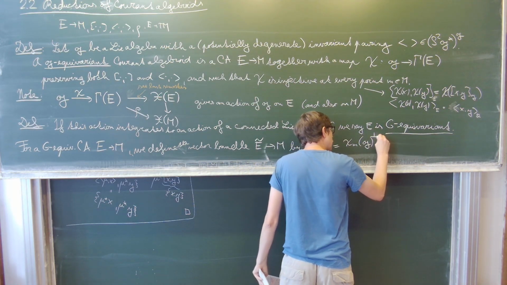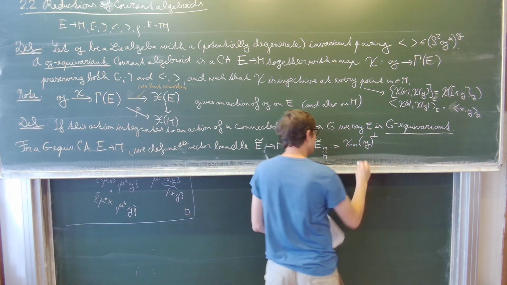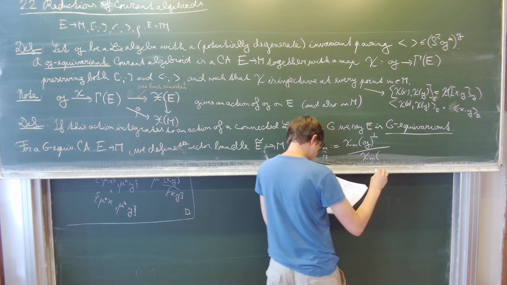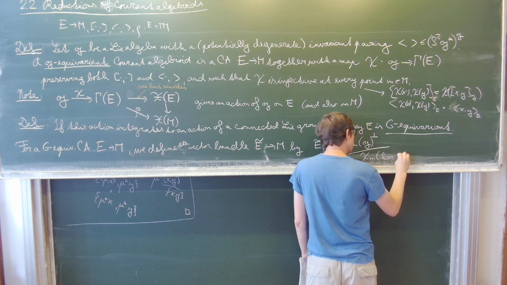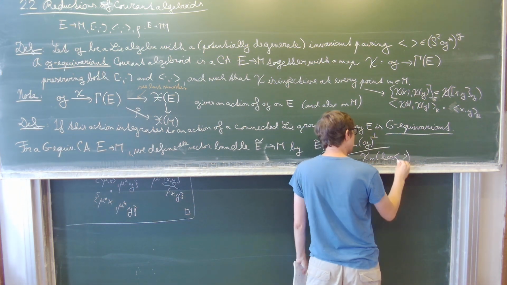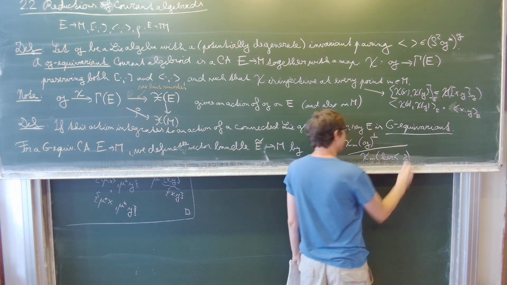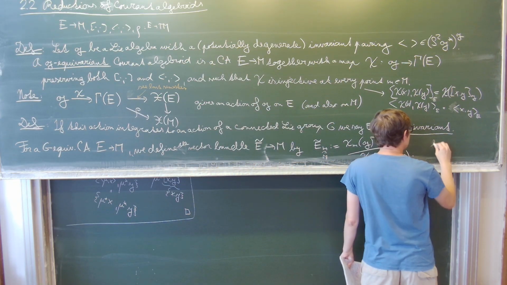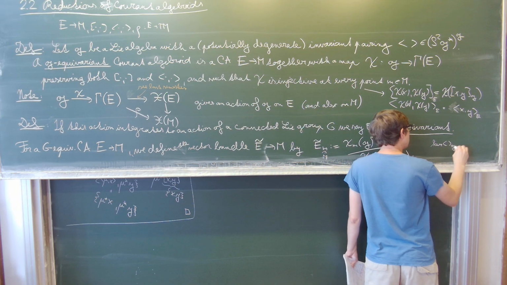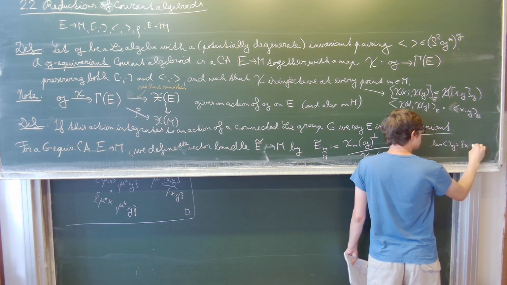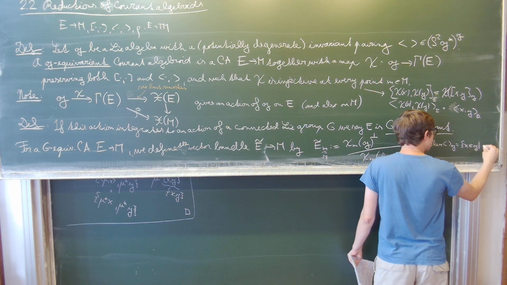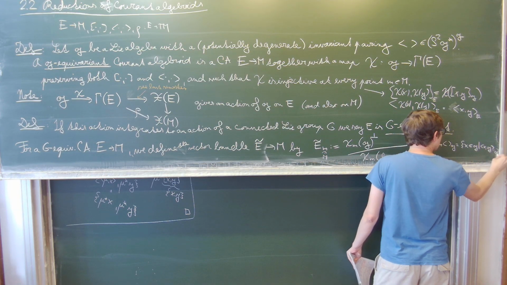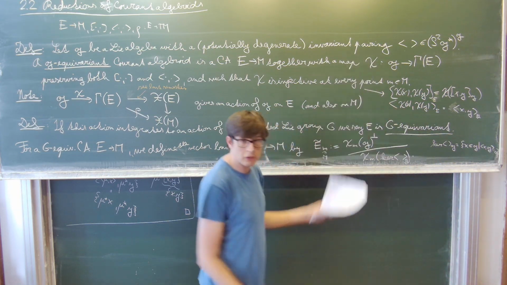And now what I do is I take the complement of that, and I divide it by something, and that something is similar to the image of the kernel of G. So the kernel of G is all elements in X such that they are orthogonal to everything, because as I said, the pairing could be degenerate.